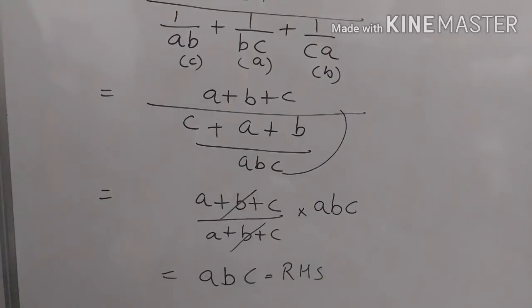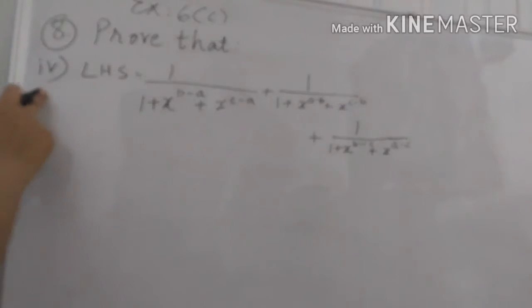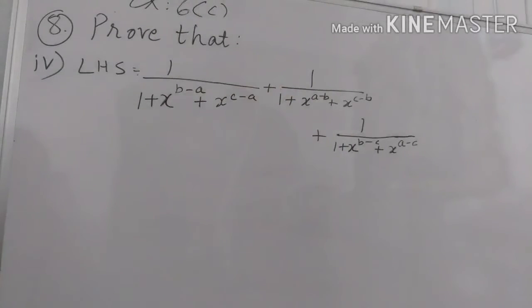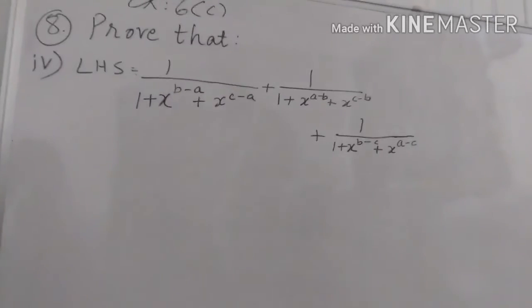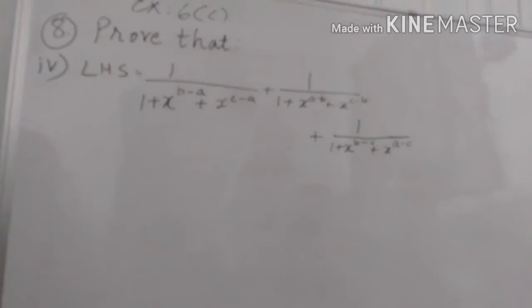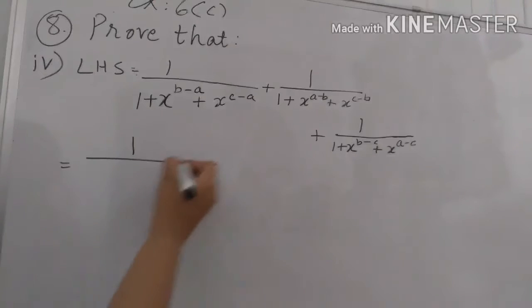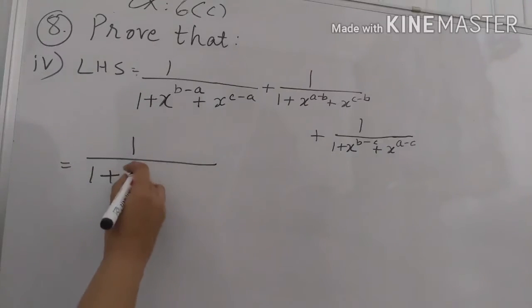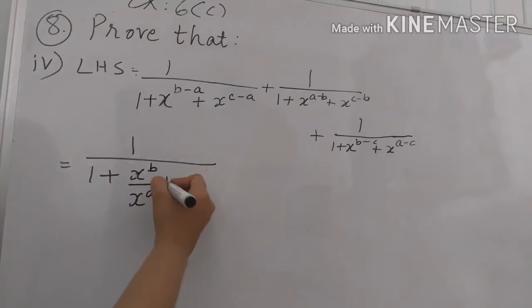Now question number 4th. Exercise 6C, question number 8, 4th part, left hand side is written already. Now students, here x raised to b minus a, x raised to c minus a, this type of terms. So here we will use our division law, and I will split this. Whenever there is a minus sign, we can write them in the reverse way according to the division law. So that I can write x raised to b upon x raised to a, and then next c minus a in the power.